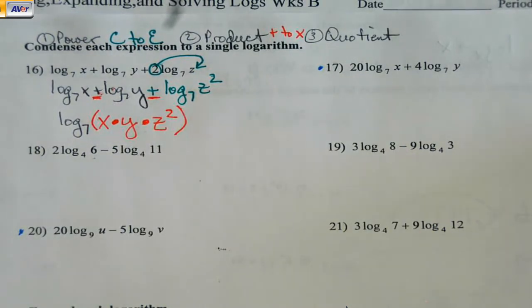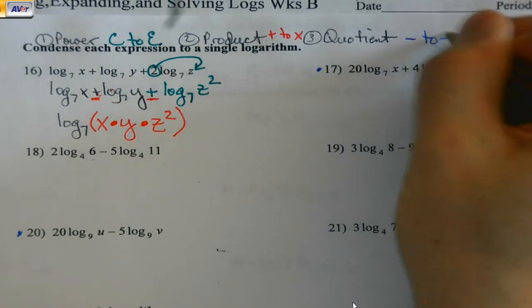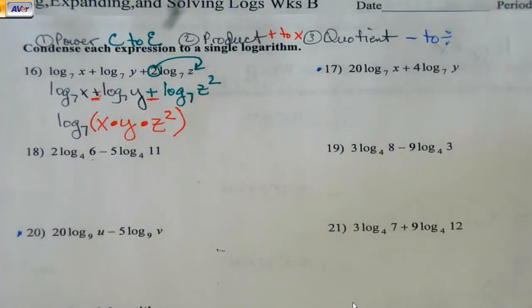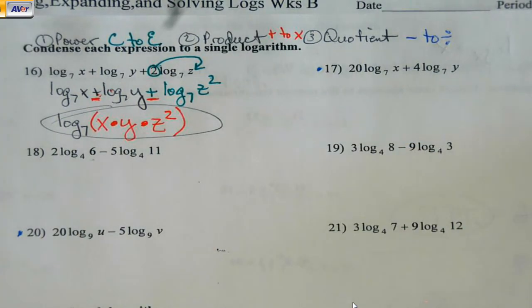And then if there would have been a quotient, which in this case would have been taking minus to divide, that's what I would come up with next. So, I look and I go, okay, I don't have any of those this time. That's as far as I'm going.